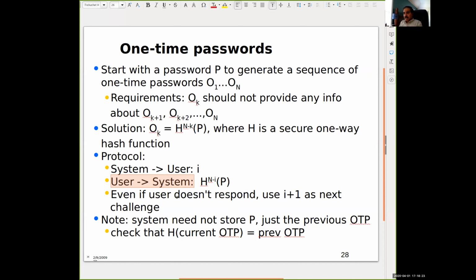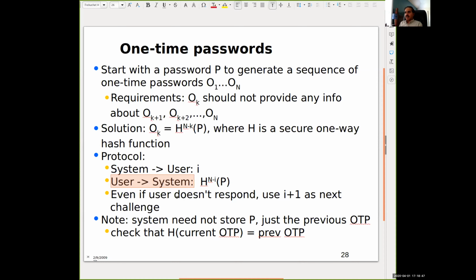Okay. So if you're going to have a list of passwords, then the question is, how are you going to generate this list of passwords? And there is a simple way using hash functions to generate this list of passwords. So the idea is you start with a base password and you hash it repeatedly, right?